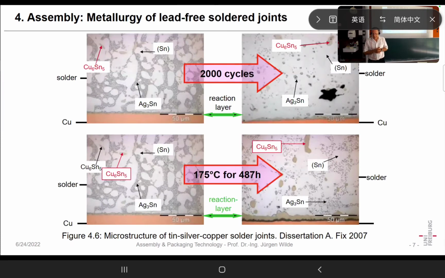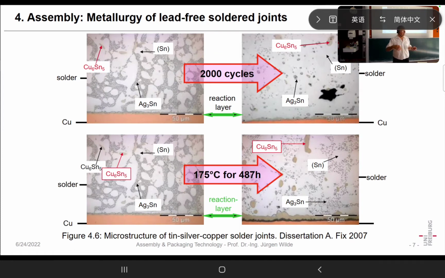So here, that was another PhD work. When you want to look at the reliability of such die attachments, we know there are fatigue problems.